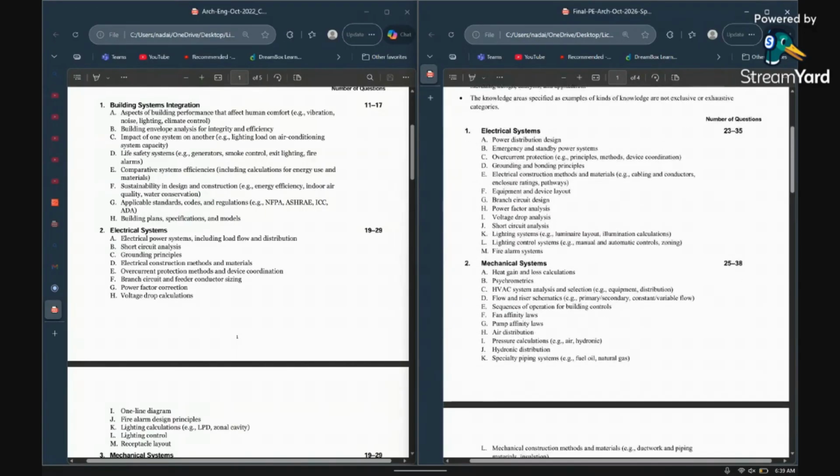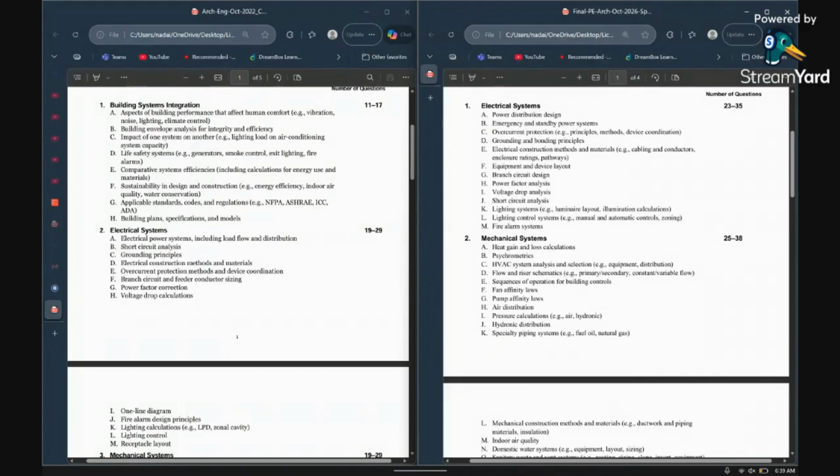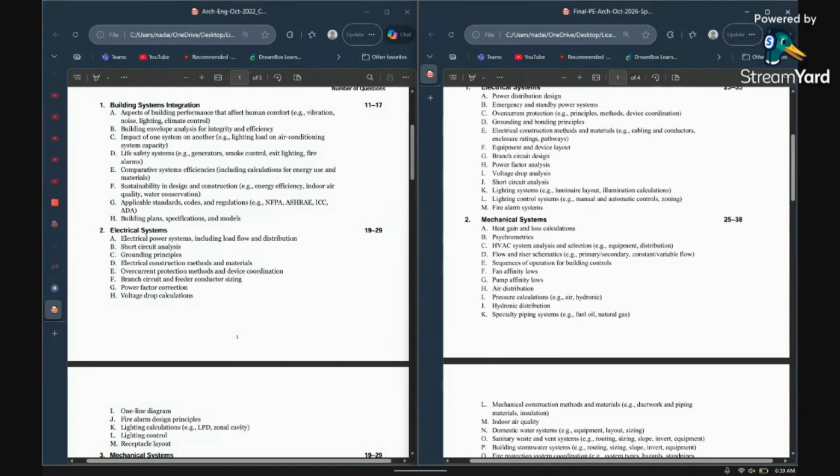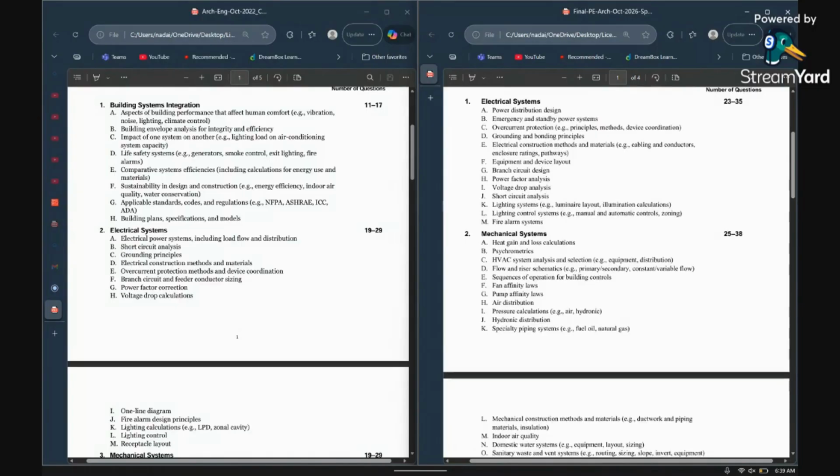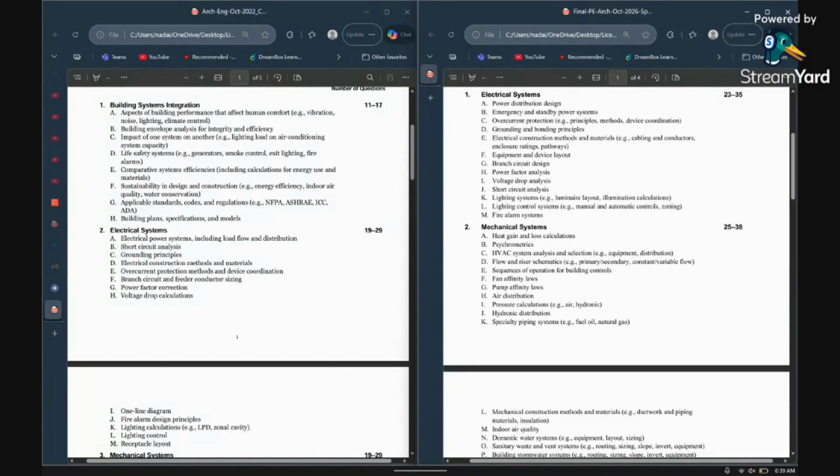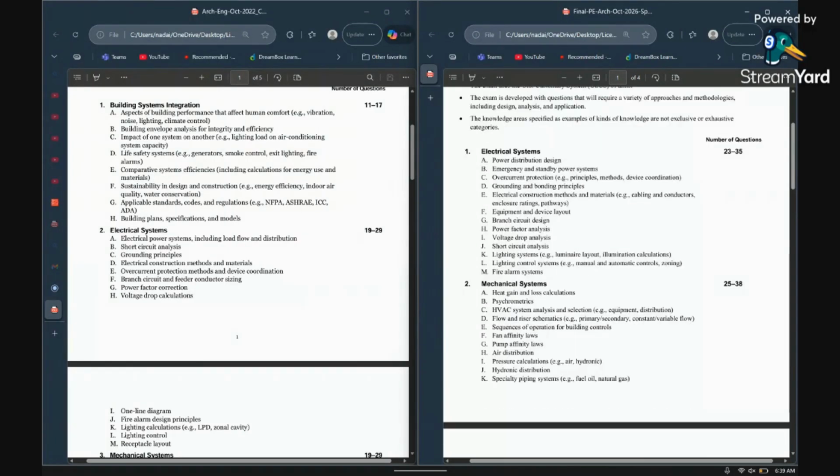In looking at some of the areas within the questions, the potential questions or topics that could be asked, I believe that building systems integration has essentially been subsumed into the other knowledge categories.